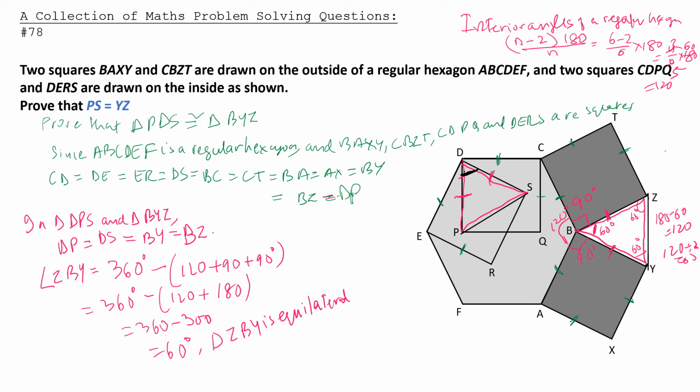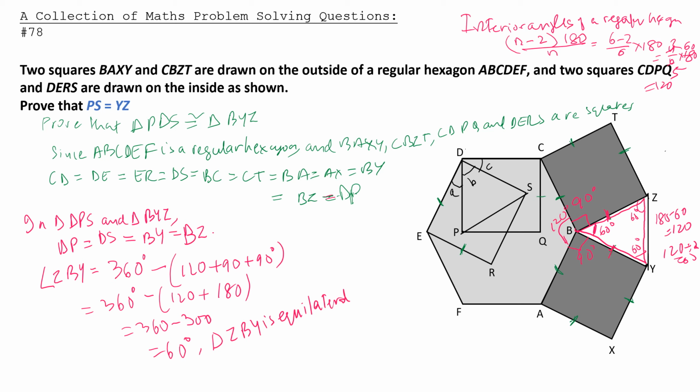So if we assume that angle PDS is B, and angle PDE is A and angle SDC is C. We can assume these because we don't know.